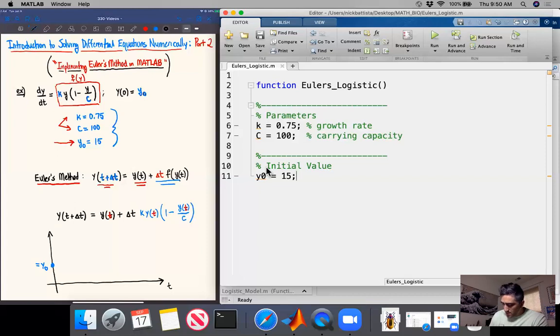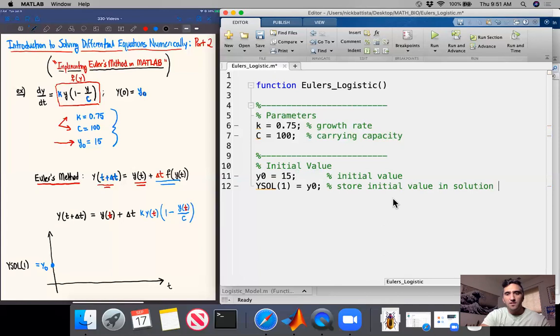Say our solution is, I'll call this y solution, and that'll be the first value in there. So I'll say y sol of 1 is just equal to our initial value. I'll say store initial value in solution vector. So all of our solution values are going to go into y sol.